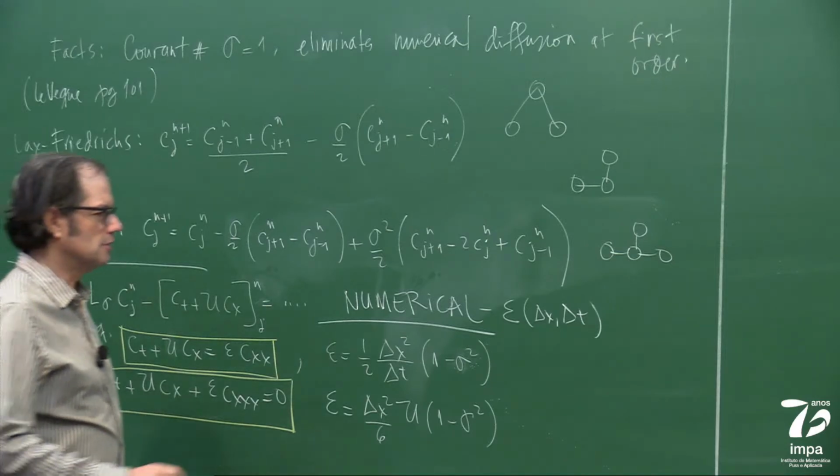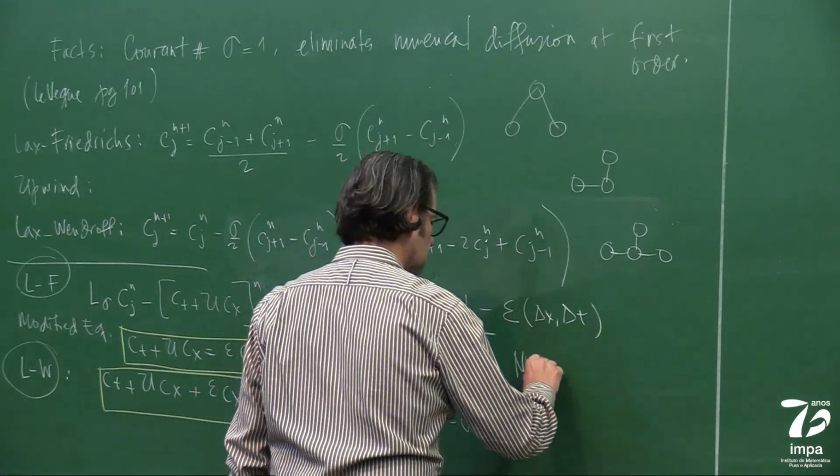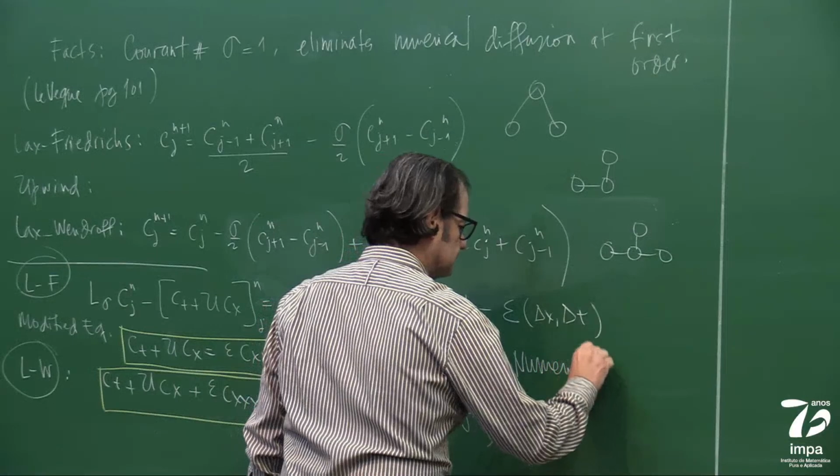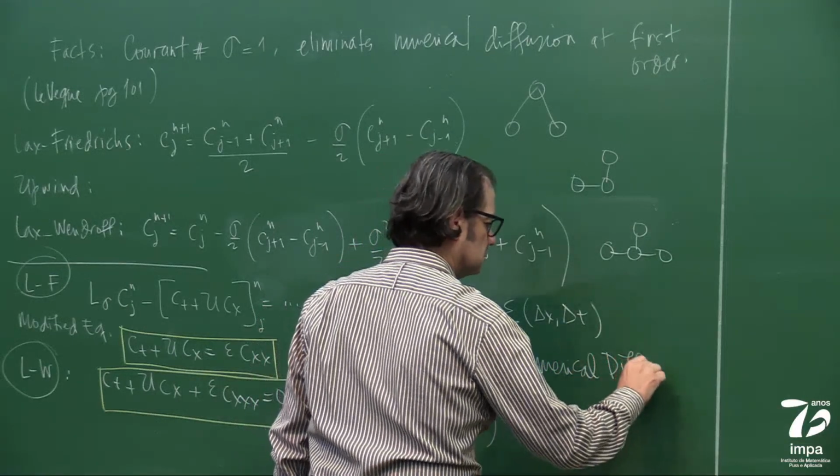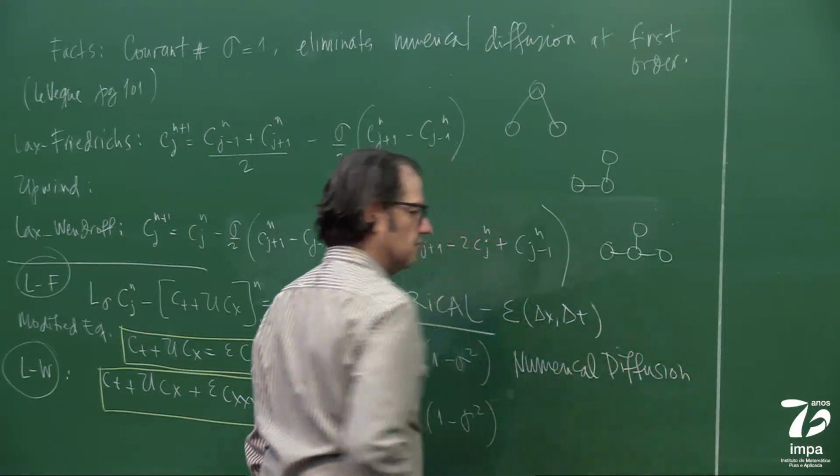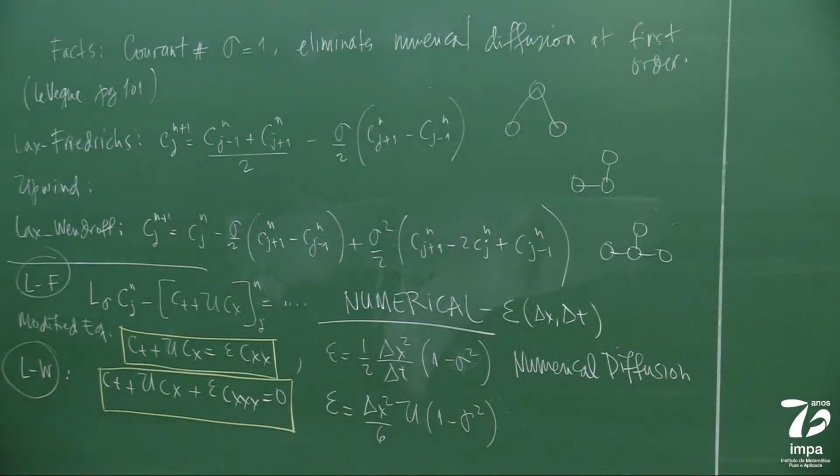So basically what we have here is numerical diffusion. Now let's see, you guys are now buyers of numerical methods, right? In terms of numerical diffusion, they are basically in the same category.